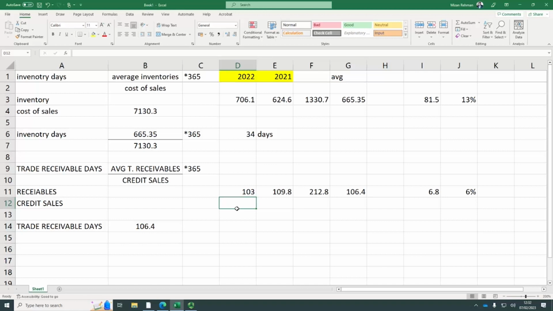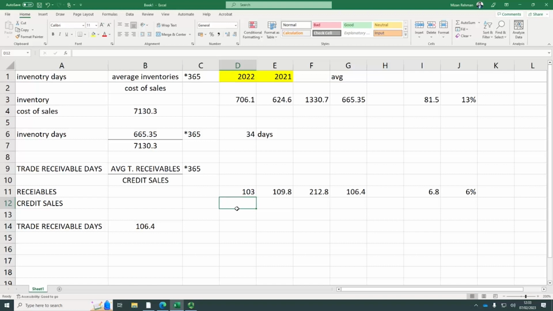So you cannot calculate it correctly. It is insignificant, so even if you don't calculate it, it does not matter. It does not have an impact on OCC. It does not have an impact on your understanding of how OCC is being managed in that business. And number 3 is you're going to have to assume all sales are credit. Incorrect assumption, but we don't have any other way to deal with it.